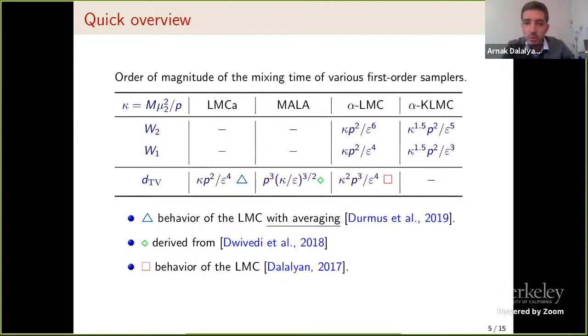This is an important point for me, because when I started to work on MCMCs, the main reason for me to get interested in it was that some of the students came to me and said, okay, I have an MCMC algorithm. I want to approach some density and I don't know how many steps I should perform in order to attain a given epsilon accuracy.